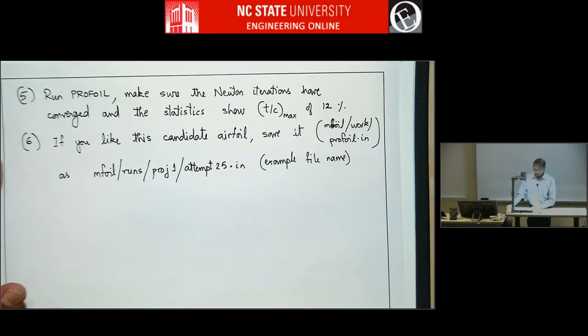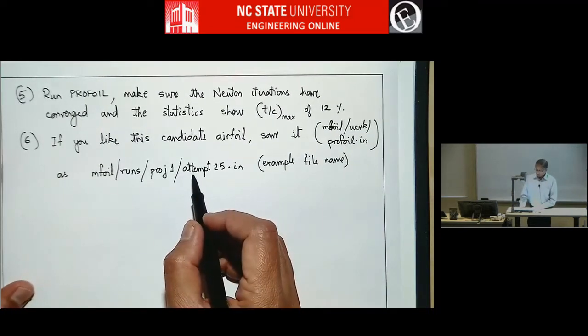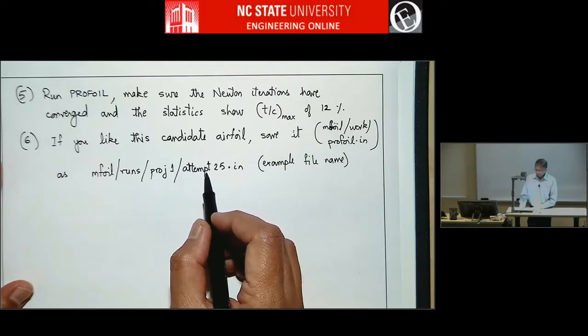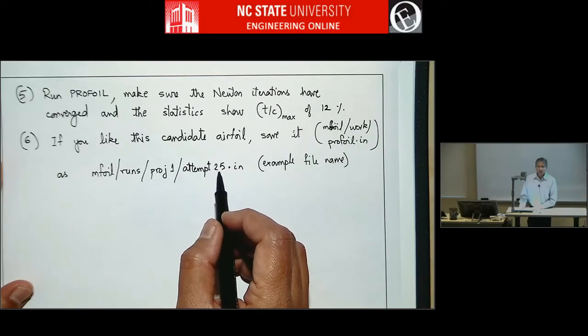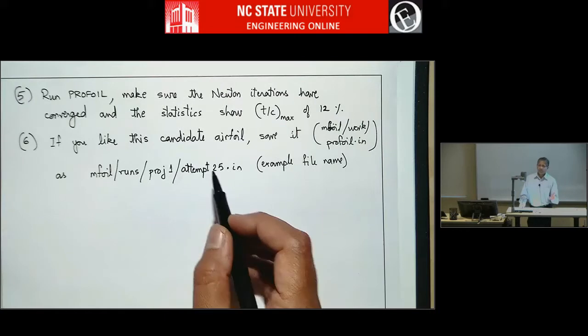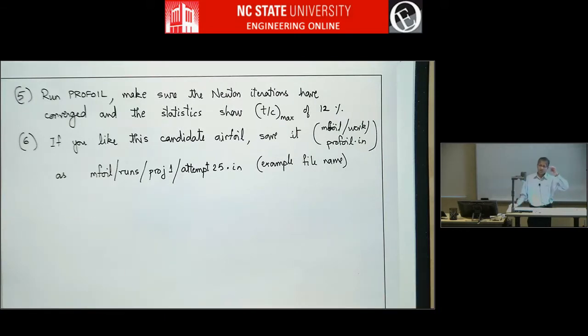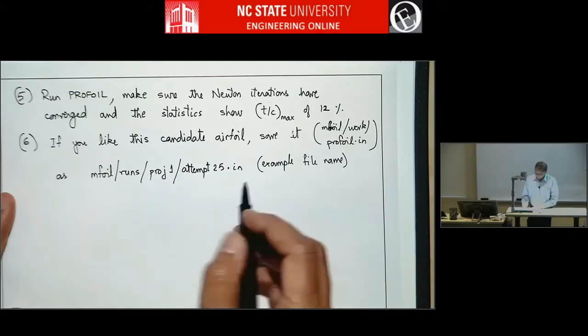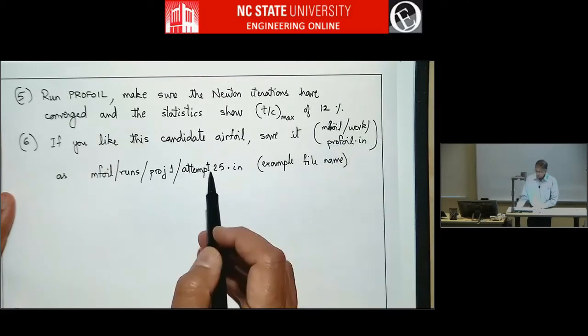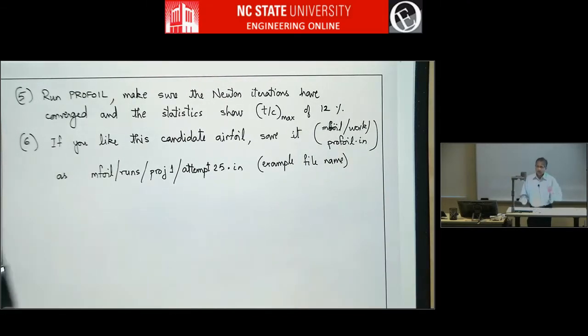For example, you could say attempt underscore 12 underscore 25, the 12 being the thickness, so that when you look at the file name, you'll know the thickness, something like that. So you're saving the profile.in. That means you can go back to that airfoil anytime, and you can make some more modifications if you feel like it.